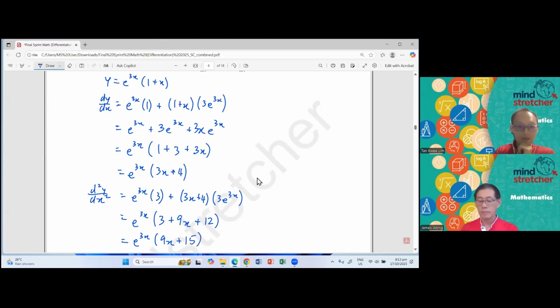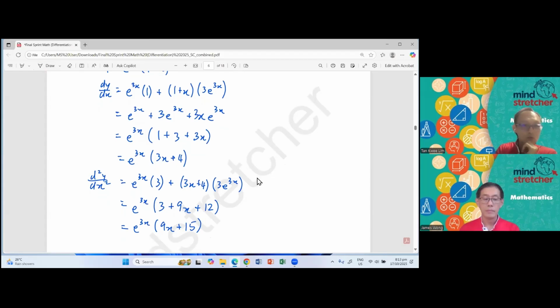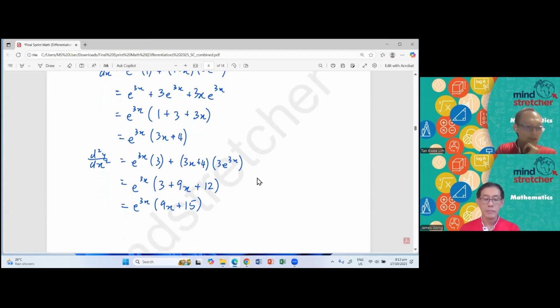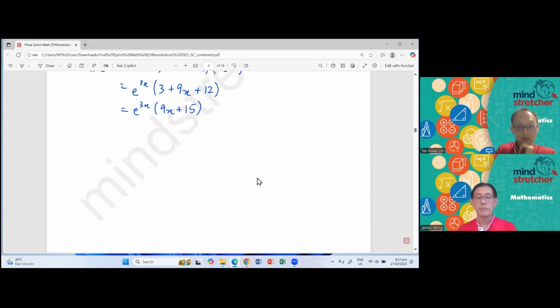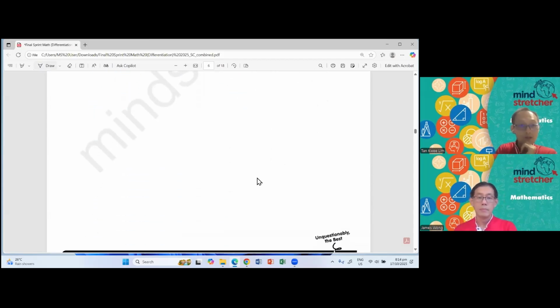Of course, you may ask whether I should factorize out the 3 also. It's okay that you don't have to do that, because we can just keep it here. Then we move on to the subsequent part, which is to find d2y over dx squared plus 9y. With the two values that you have gotten, substitute d2y over dx squared.